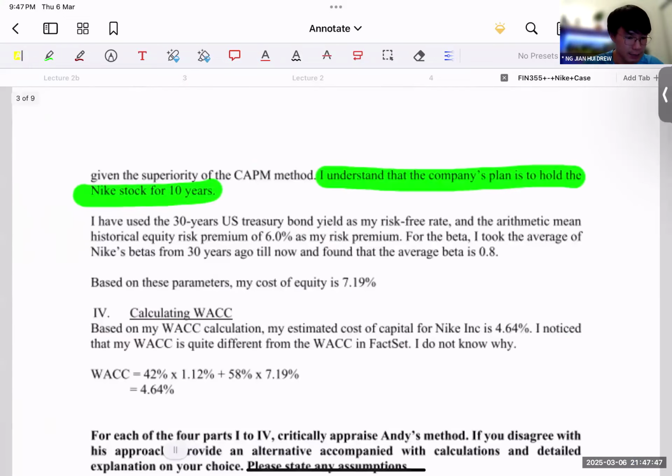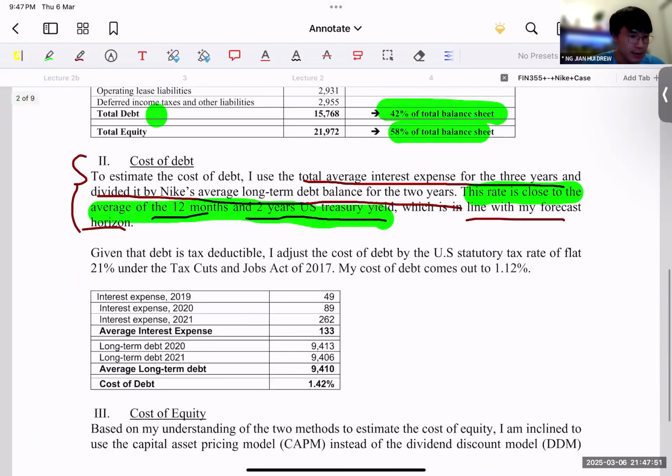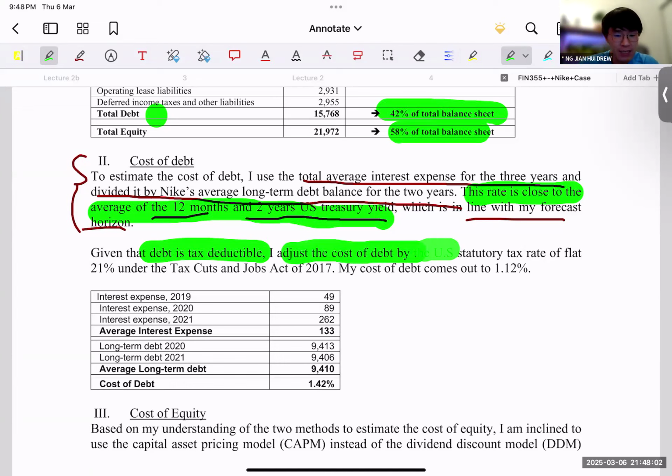Okay, so there's a next part here. Given the debt is tax deductible. Okay, that's true. What Andy did? Andy adjusted the cost of debt by the US statutory rate of flat 21% under the Tax Cuts and Jobs Act in 2017.